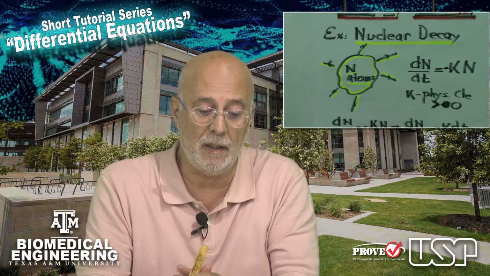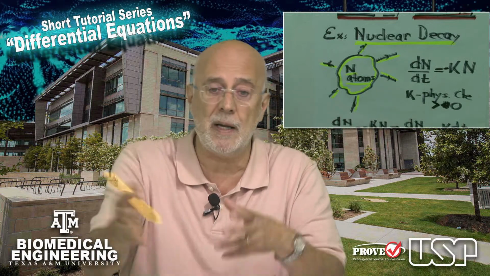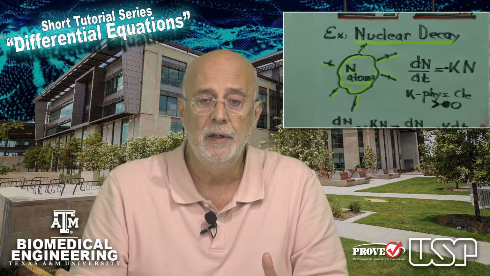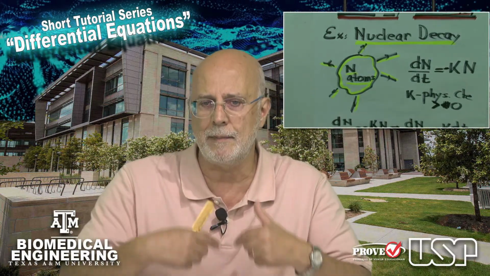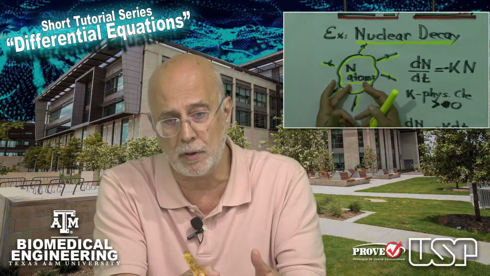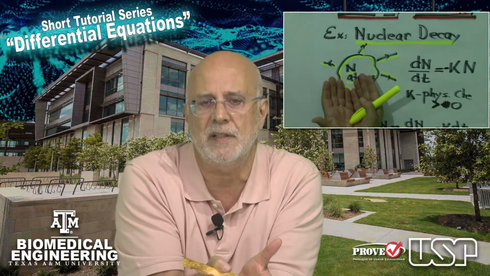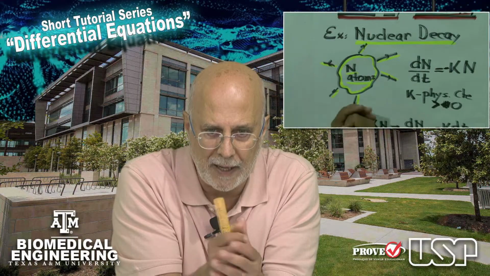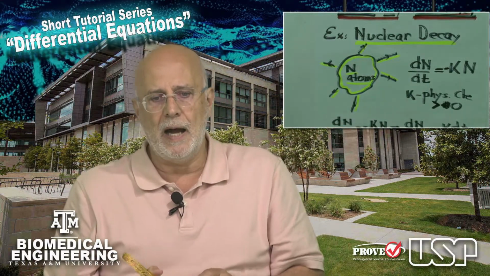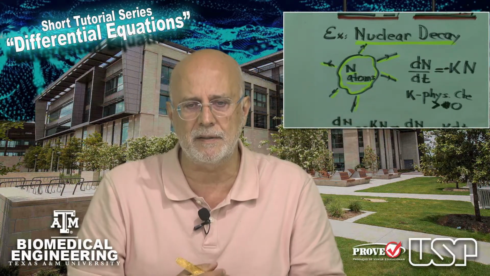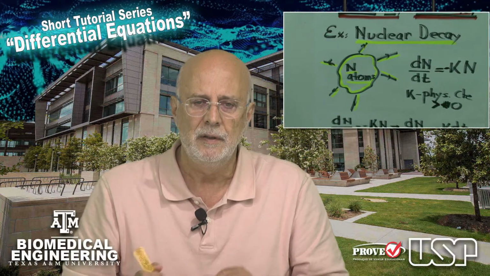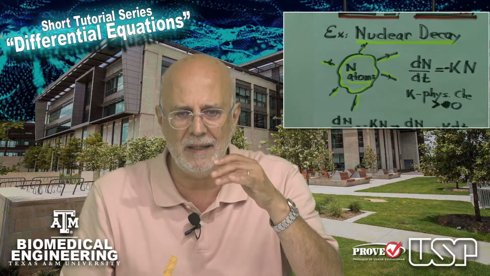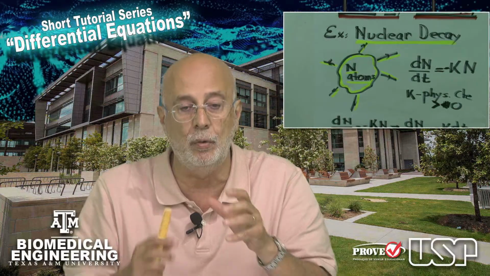And we know that if I have many atoms, each one has a probability to decay, so the number of atoms that decay is proportional to the number of atoms that I have in the sample. Right? So I have a sample that is radioactive. It's going to decay. The atoms will decay into something else, the nuclei, right?